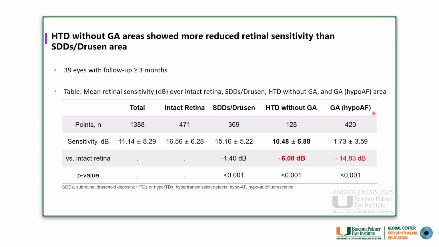As shown in this table, the retinal sensitivity was slightly but significantly reduced over SDDs and drusen by a mean of 1.4 decibel, and more substantially reduced over HTD positive and GA negative regions by approximately 6 decibel, with a mean retinal sensitivity of 10.5 decibel. Within established atrophy lesions, retinal sensitivity showed a near complete loss.